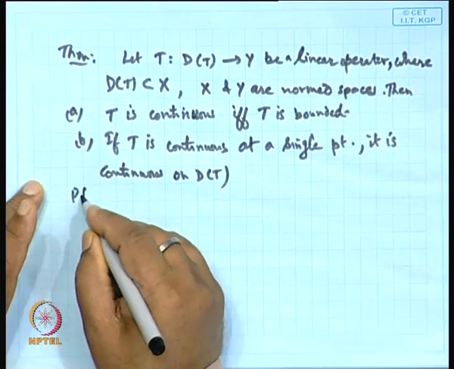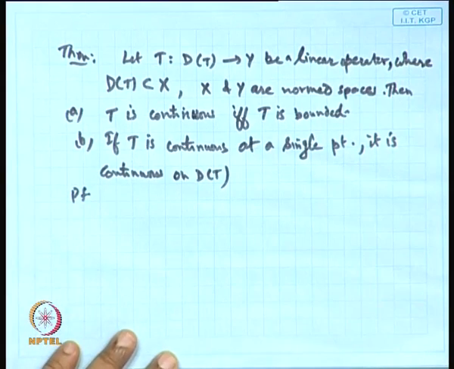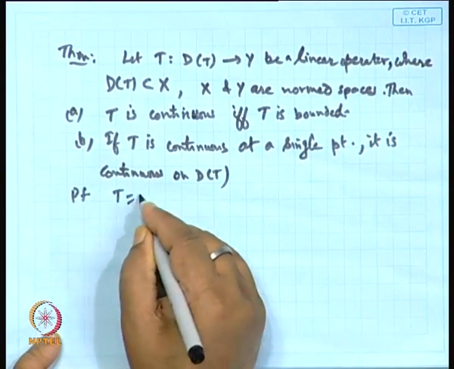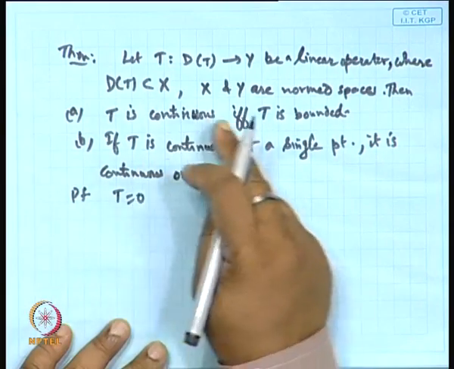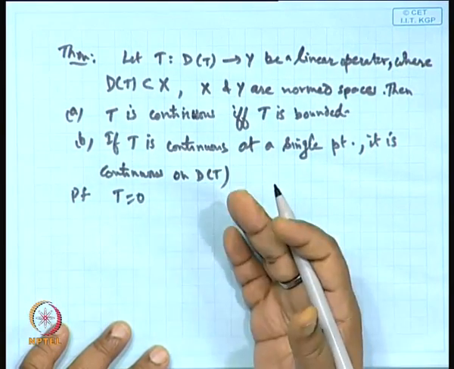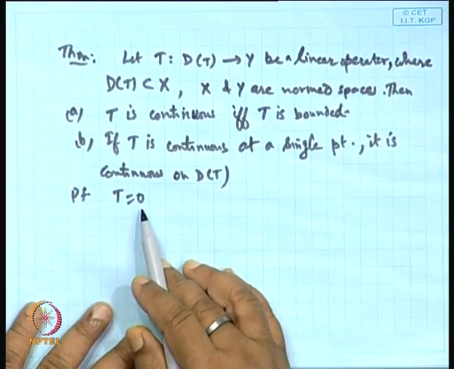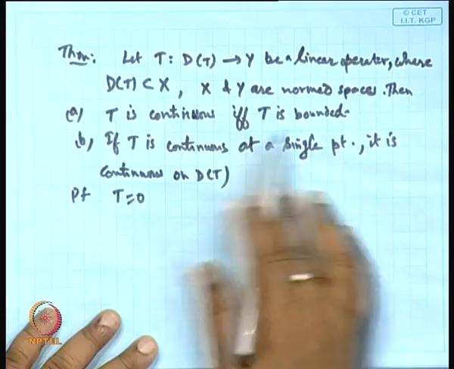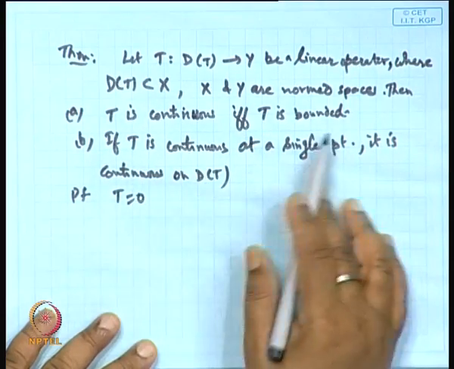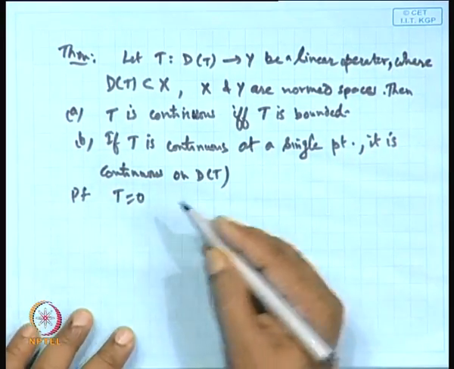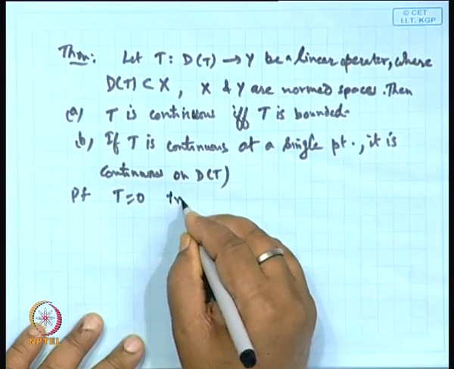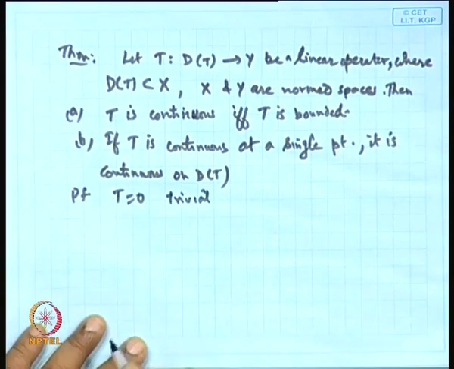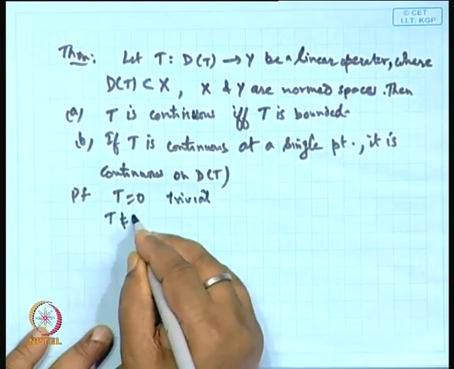The proof. Suppose T is 0, case 1. Then nothing needs to be proved, everything is very obvious, because in case of the zero operator, which is a linear operator, continuity and boundedness are the same. So the statement is obvious, or trivial. So, let T be not equal to 0.